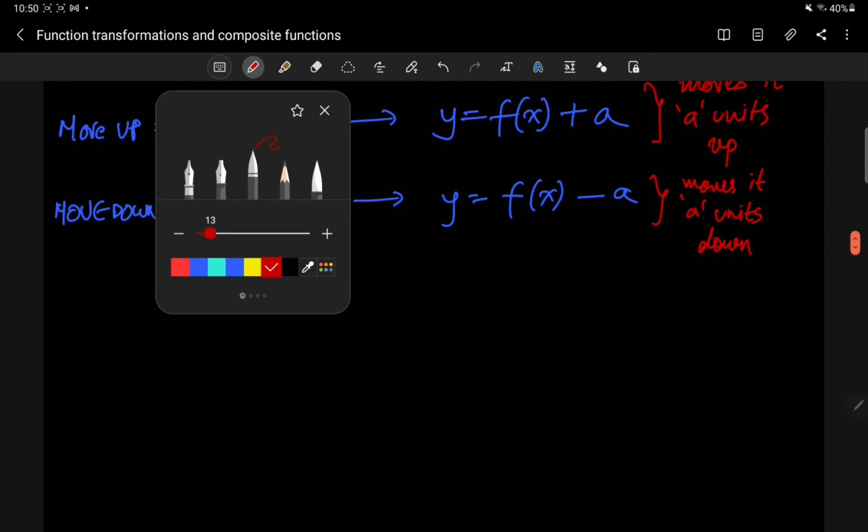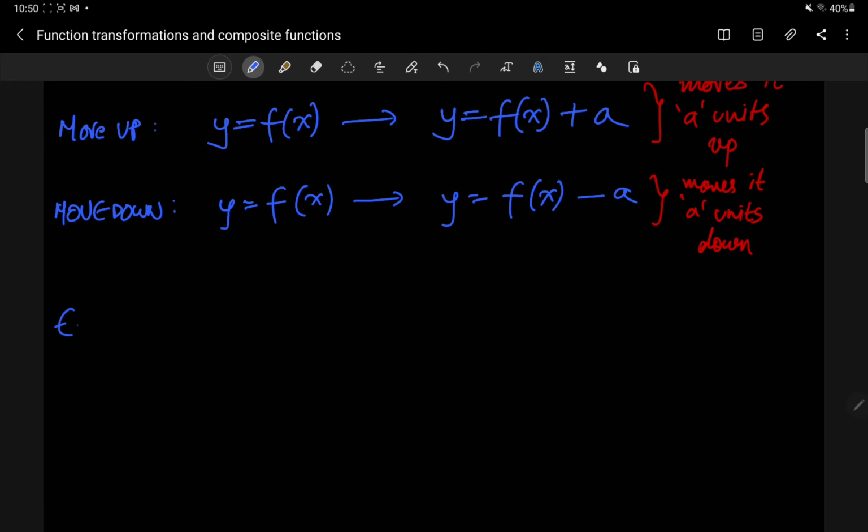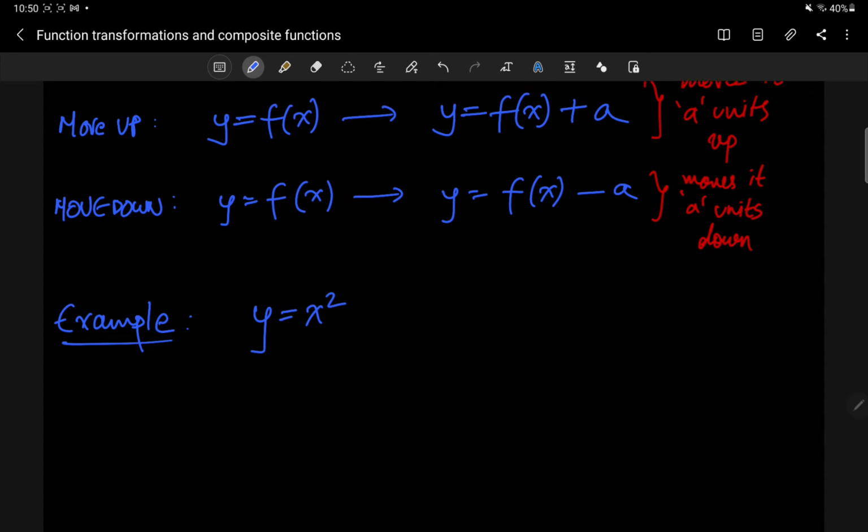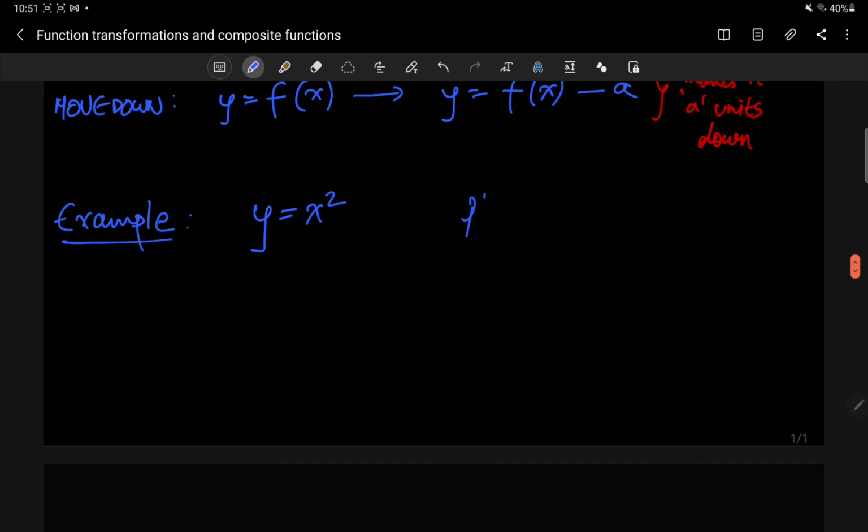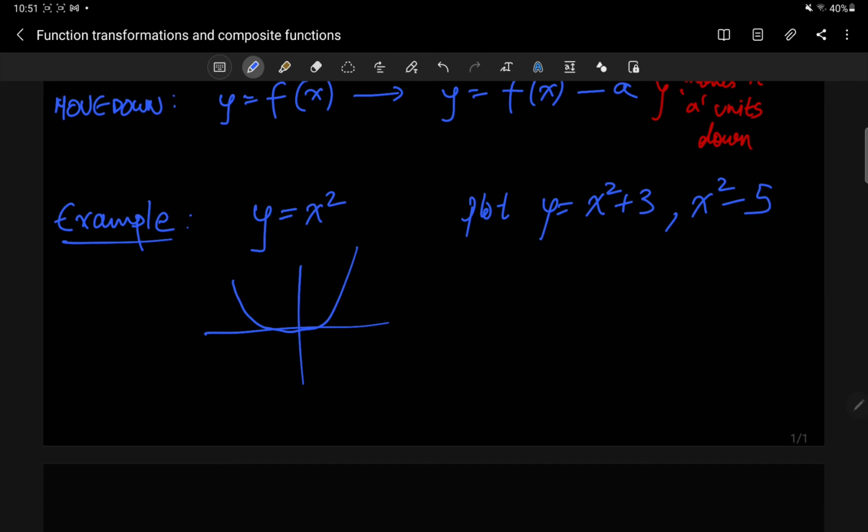For example, if you take the function y equals x squared and you have to plot, say, y equals x squared plus 3 and x squared minus 5, then all you have to do is start with x squared. Now x squared plus 3 means you move it up by 3, which means now the vertex will be at (0, 3).